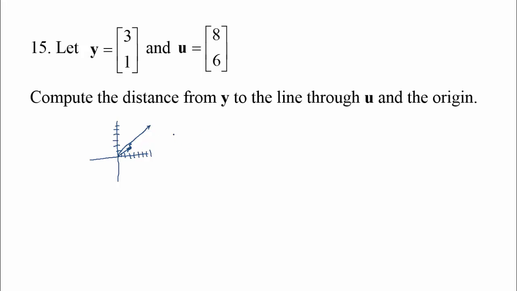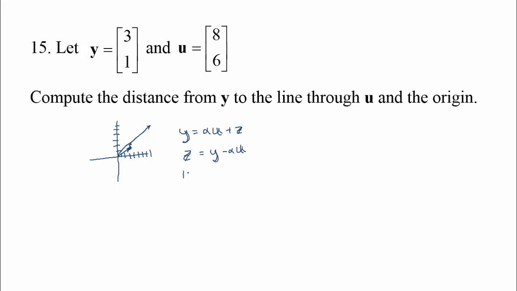So what I'm going to do is write y in terms of a scalar multiple of u plus some vector that's orthogonal to u. Then I can find that vector z is going to be y minus alpha u, and the distance would be the length of z.